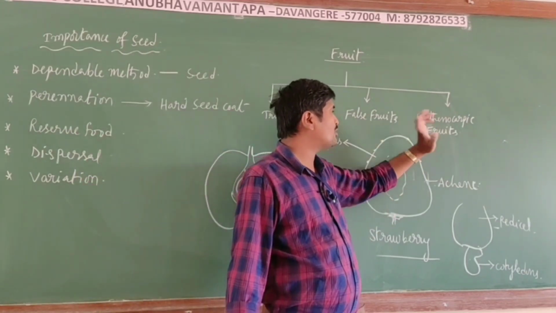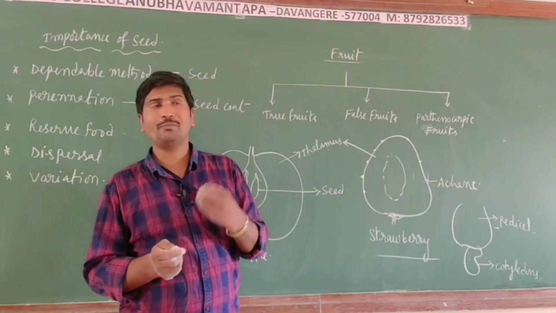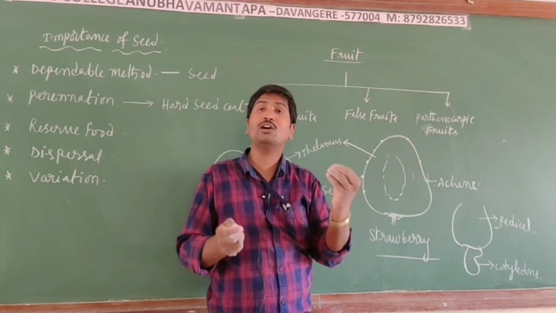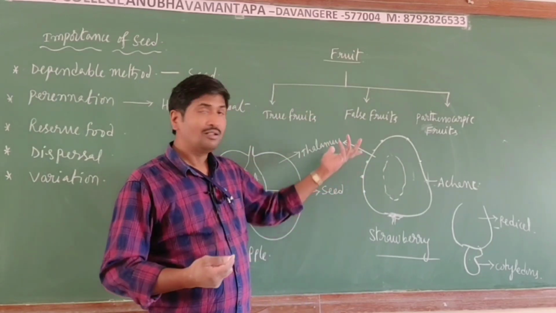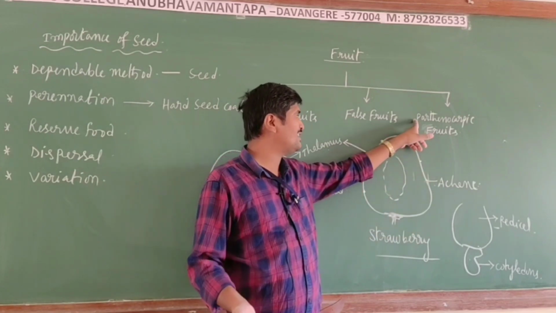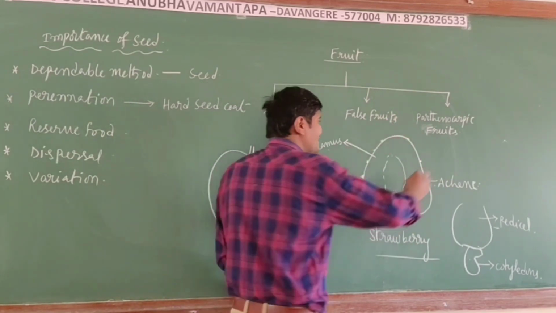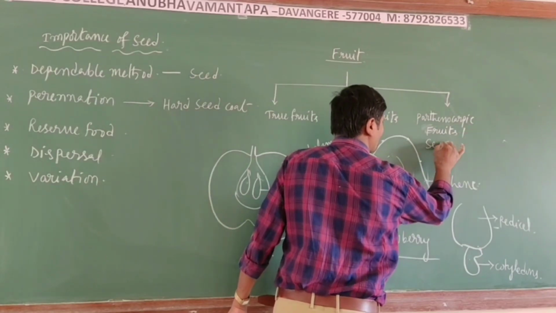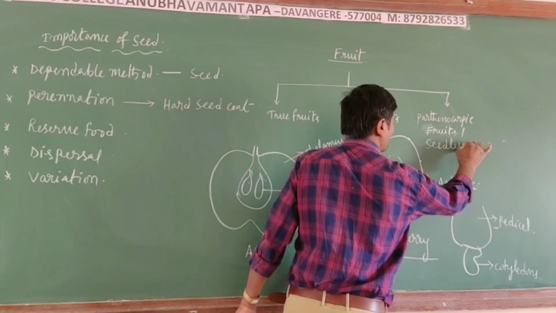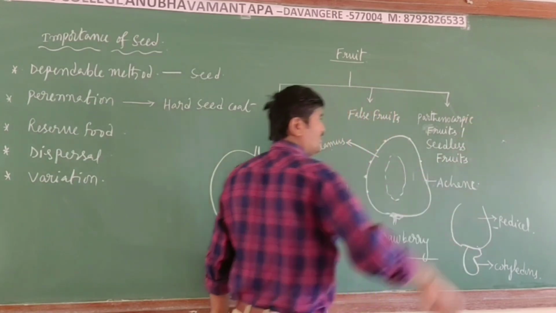What is a parthenocarpic fruit? A parthenocarpic fruit means the fruit is developed from the ovary without fertilization. That is known as a parthenocarpic fruit. It is also known as seedless fruit.